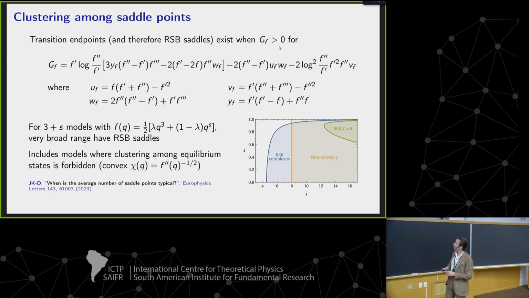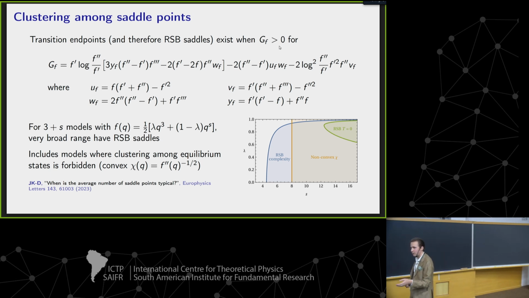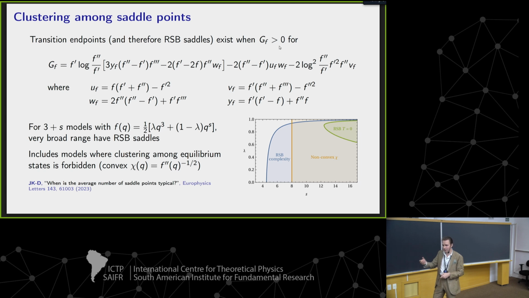Now, the surprising thing. This plot here is showing the phase diagram as a function of model parameters. So for 3 plus S models, that's a 3 and an S, so 4, 5, 6, what you like, with a variable weight between the two terms, you can see that in the blue section there's a broad range of models which have an RSB complexity, which is much broader than the range of models in the green that have a non-trivial ground state from the complexity perspective.